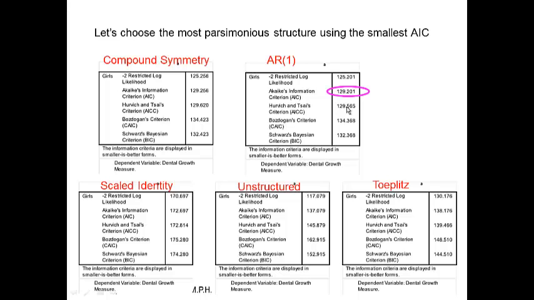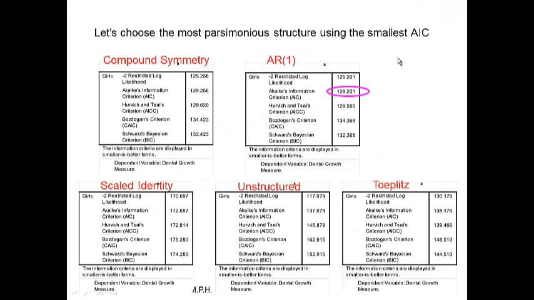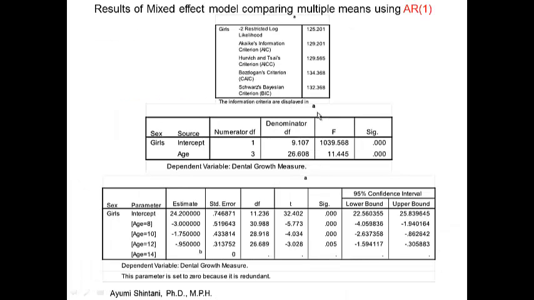So what AIC is telling us is that the first-order auto-regressive correlation structure consumes the least number of parameters and yet achieves a pretty good fit.